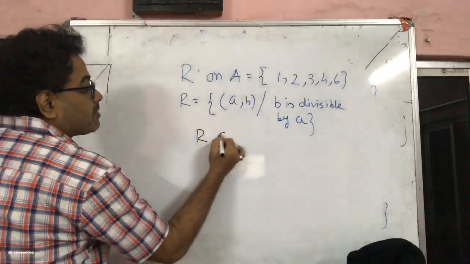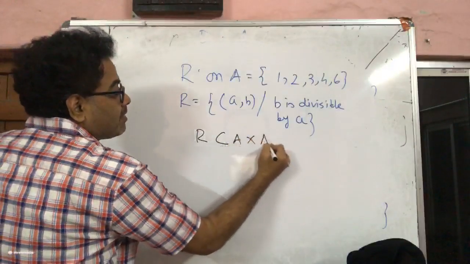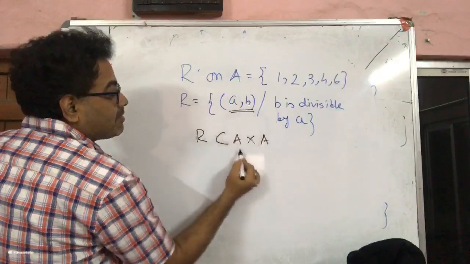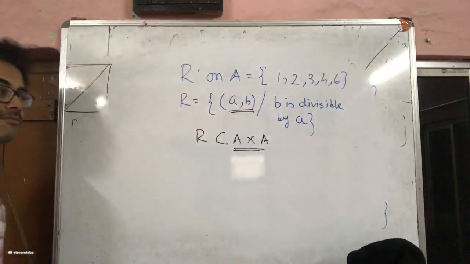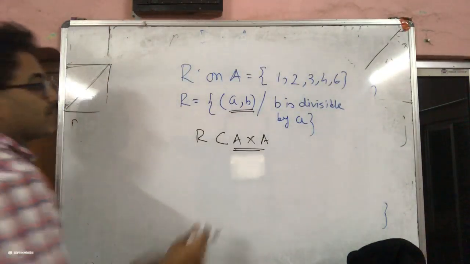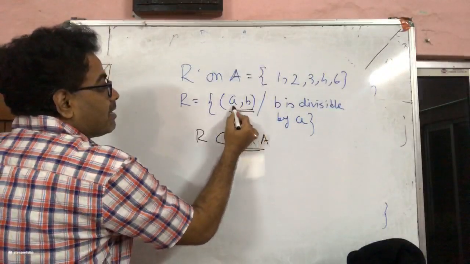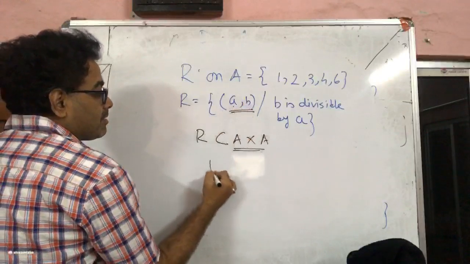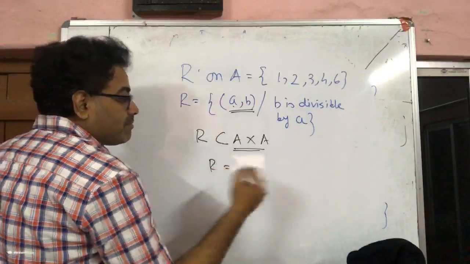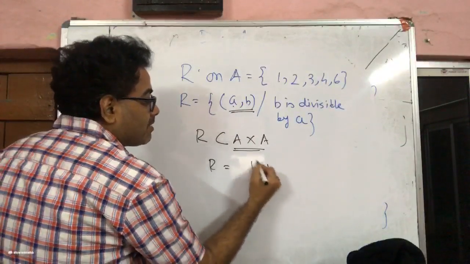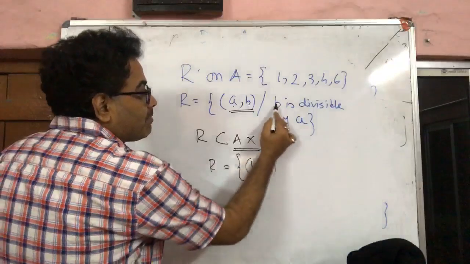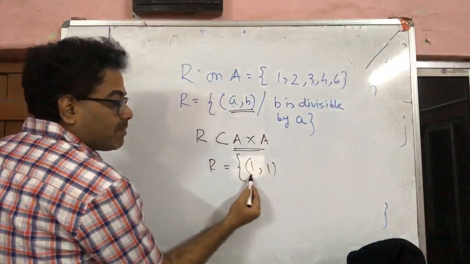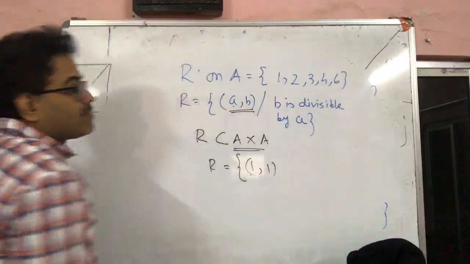Again, as usual, a relation is a subset of A cross A. So AB is taken from A cross A only. So first A is 1. Okay, I will do one: 1 is divisible by 1, b is divisible by 1.